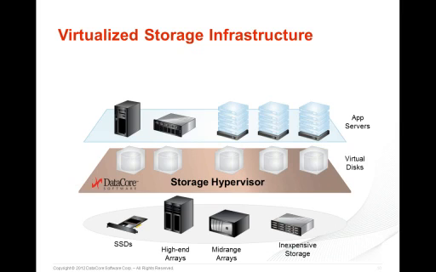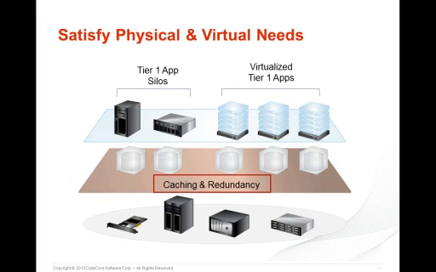But we can use the underlying disk within a storage area network a lot more intelligently with SAN Symphony V. So we have our tier 1 app silos. We have our virtualized tier 1 apps using Microsoft, VMware, Xen, et al. And we have our DataCore layer. Now that DataCore layer provides caching for performance and also resilience. It has high availability and disaster recovery.